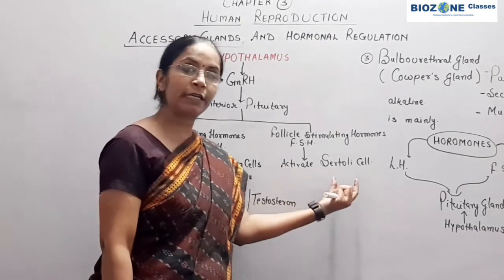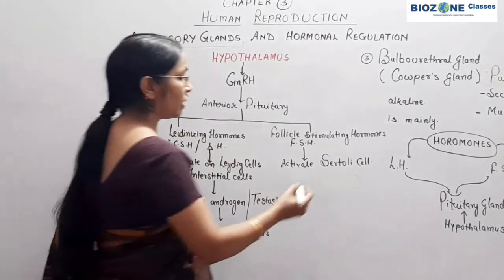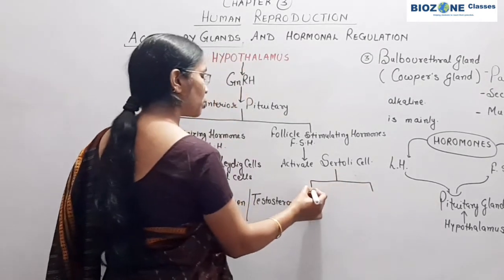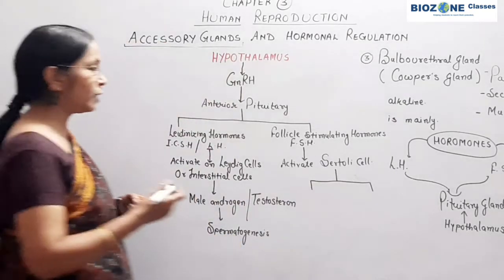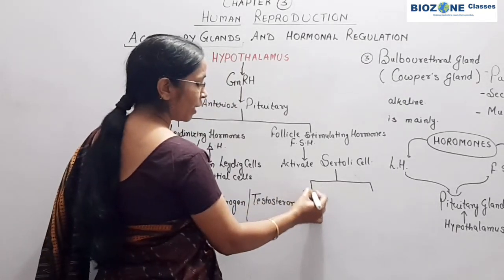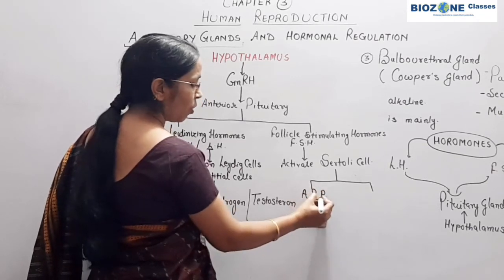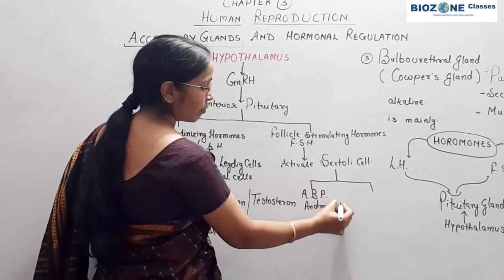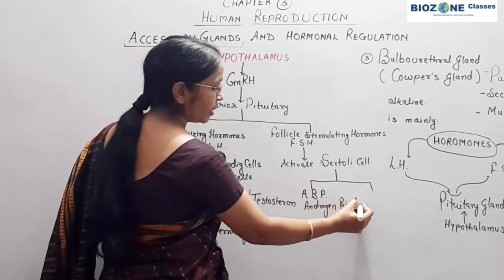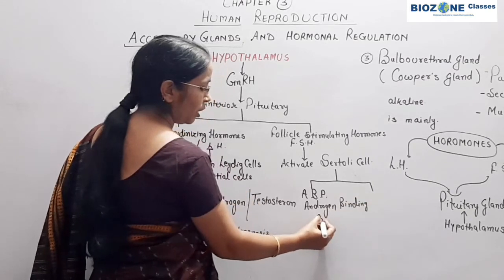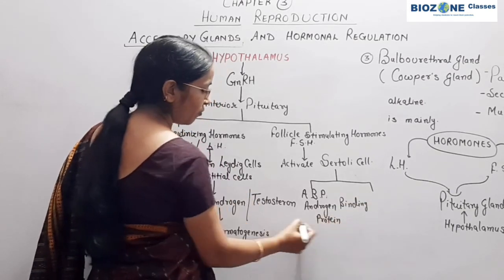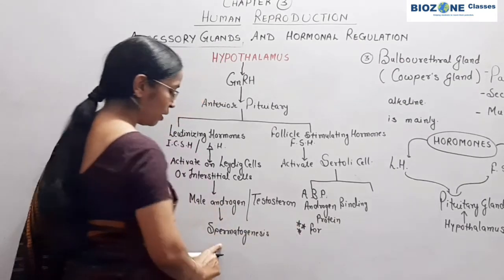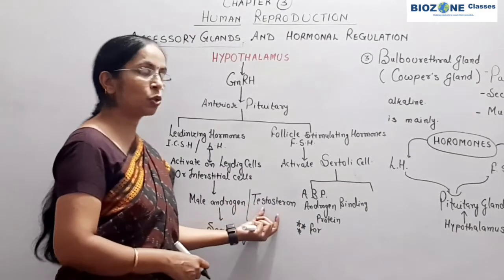Now the activated Sertoli cells are responsible for the secretion of two types of hormones. One is commonly called ABP, androgen binding protein, and this androgen binding protein is required for increased concentration of testosterone.